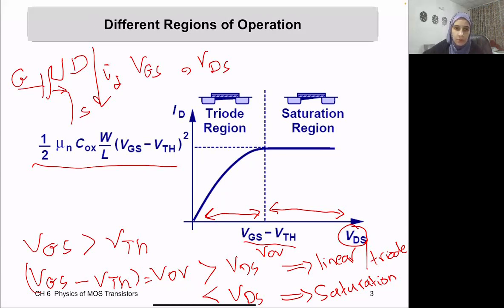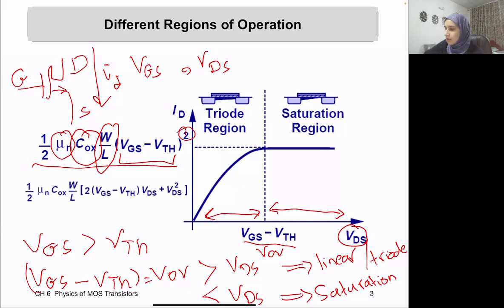Mu n, if you remember, is related to the mobility of the electrons, COX is the oxide capacitance, the gate capacitance, W over L is the width over the length of the transistor, and VGS minus V threshold is the overdrive voltage of this transistor. You can see it's a quadratic relation.